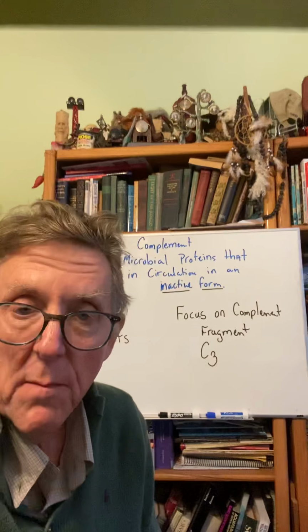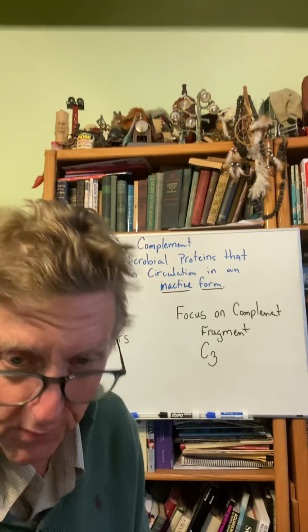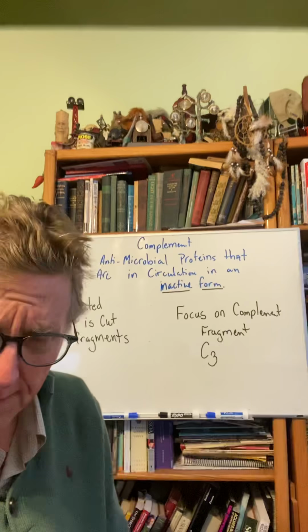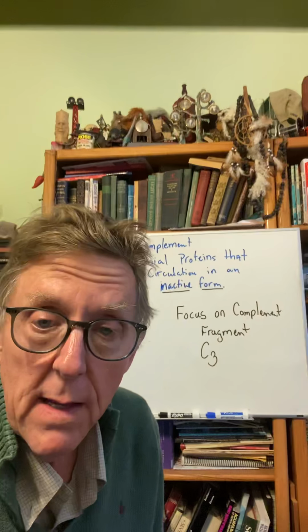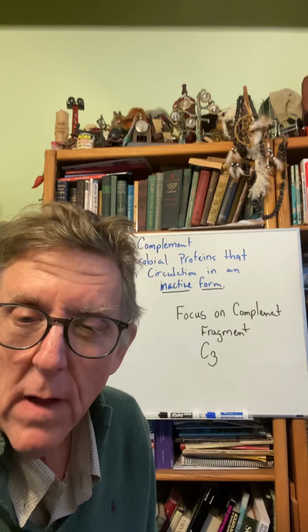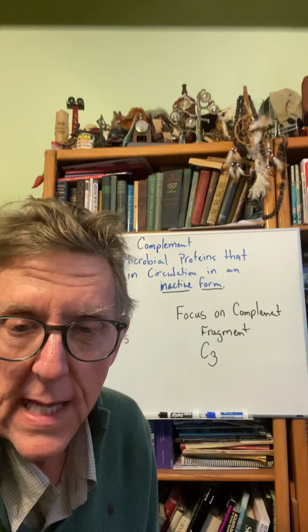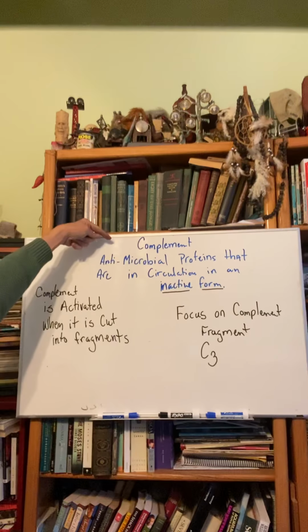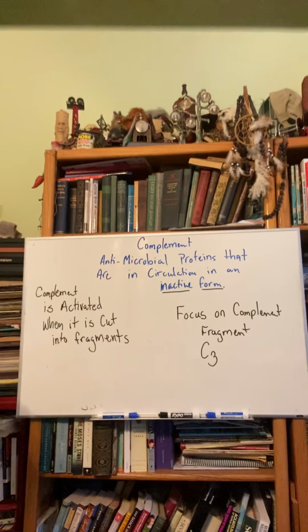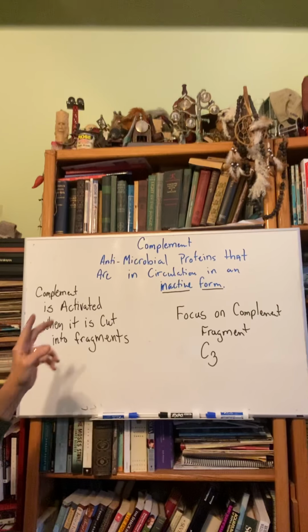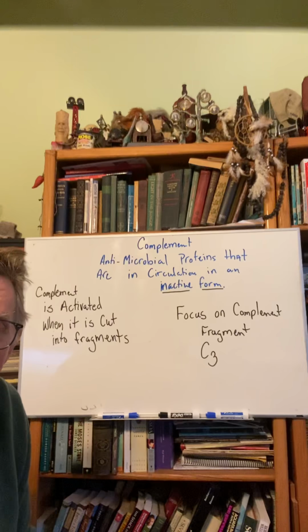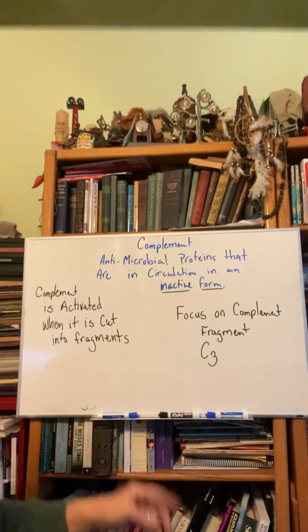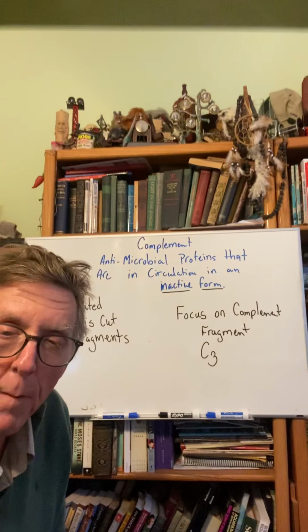In the plasma protein, circulated within the plasma in blood, we have another kind of protein which is called complement. Complement is an antimicrobial protein that's in circulation in the blood plasma in an inactive form.